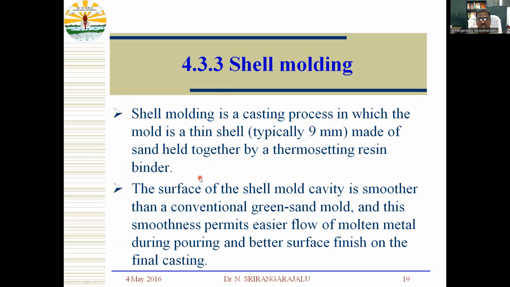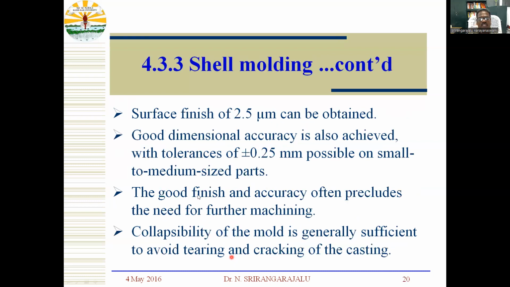The surface of the shell mold cavity is smoother than the conventional green sand mold, and this smoothness permits easier flow of molten metal during pouring and a better surface finish on the final casting. A surface finish of 2.5 micrometers can be obtained.